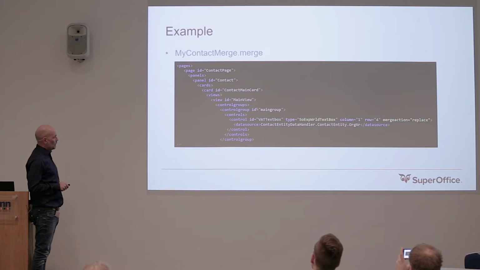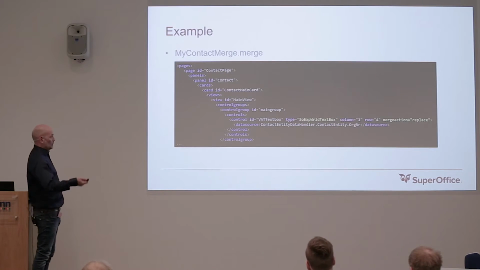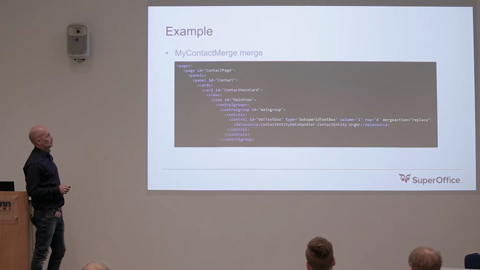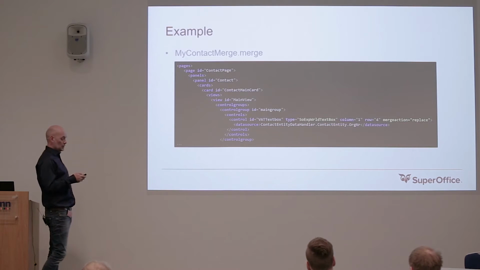So when it finds the control group with ID main group, it will probably not find a control with ID what text box. So okay, then I have to add this. Then the filter will add this node here into this controls node here. And the sum then will be that this text box is added to the full contact page configuration.